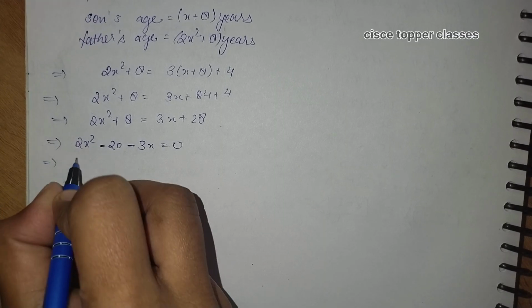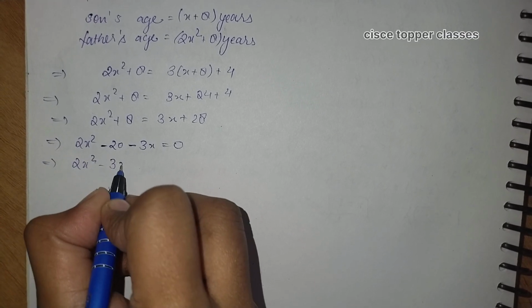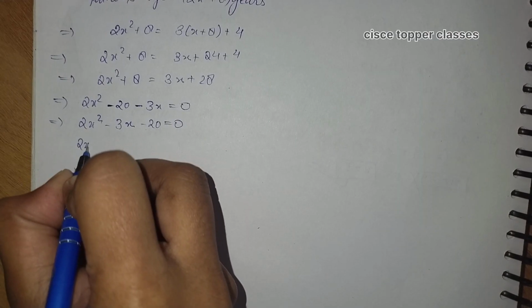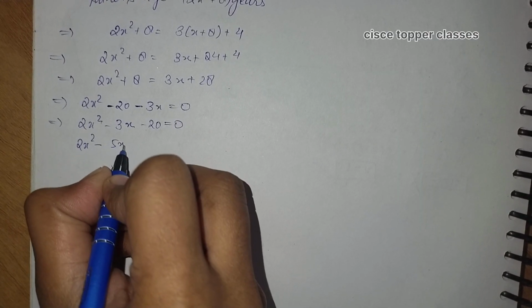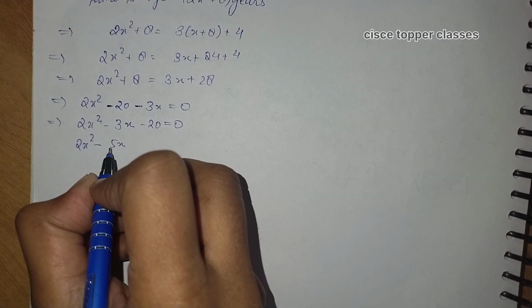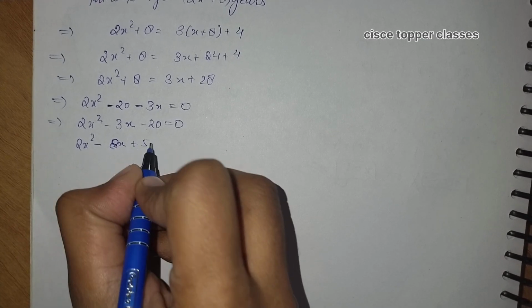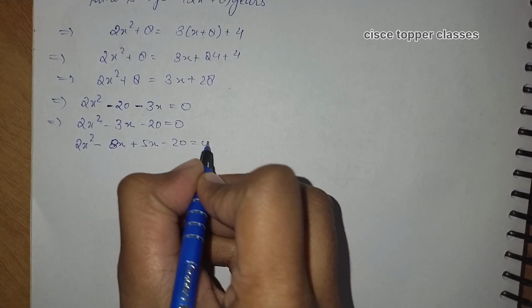So we can write 2x square minus 3x minus 20 in quadratic equation form equal to 0, and 2x square minus 8x plus 5x minus 20 equal to 0.